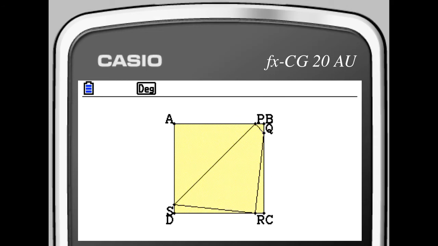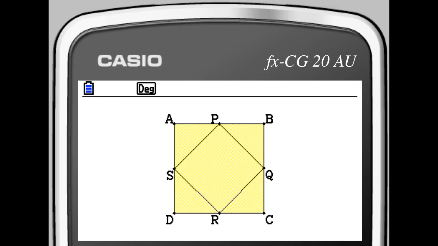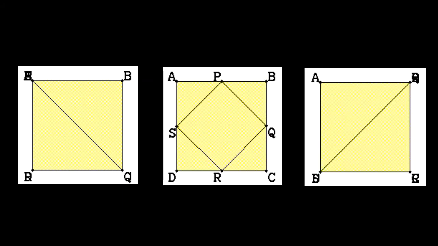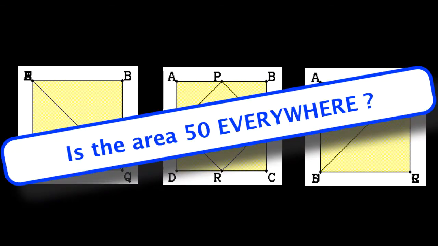Of course, we also know the area is exactly 50 square centimetres when P is placed at the midpoint of AB. 50 here, 50 here, and 50 here. Could that mean that it is 50 everywhere? That seems like a very compelling conjecture.